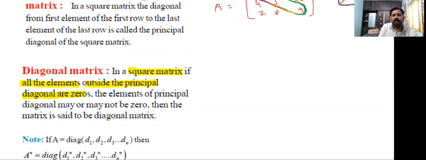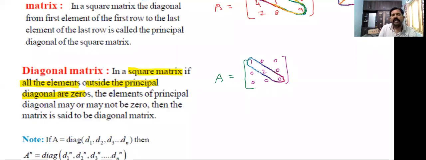Now take one example. For suppose a matrix: 1, 0, 0, 0, 2, 0, 0, 0, 0. Here see that except principal diagonal elements, each and every element is zero, so we will say that is a diagonal matrix.